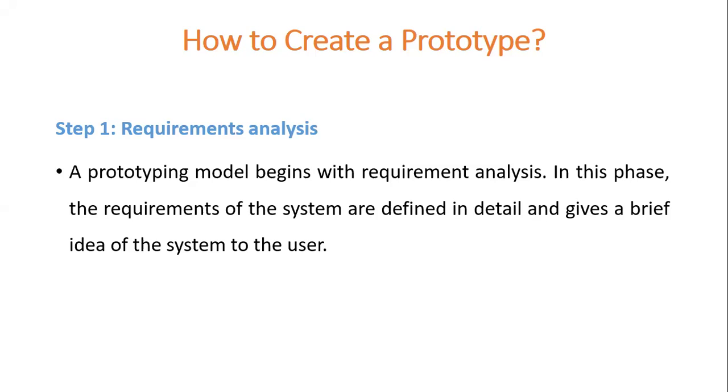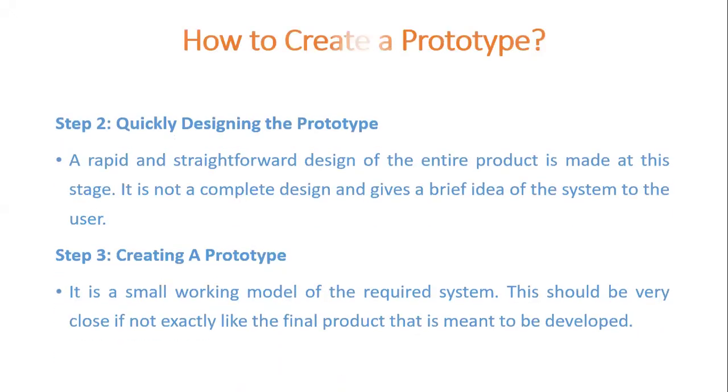It has to be defined in detail and give a brief illustration about the concept idea to the final end user. Next one, quickly designing the prototype. Here, a rapid and straightforward approach is followed to develop the entire product model, and it is not the complete design but gives a brief idea of the system to the user.